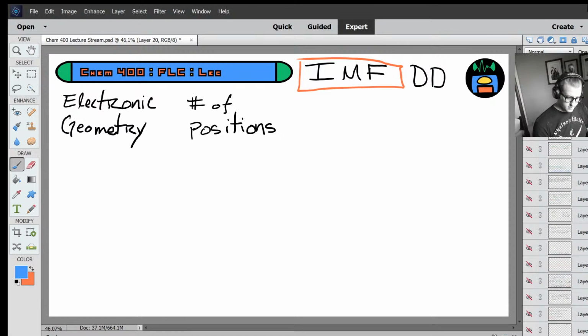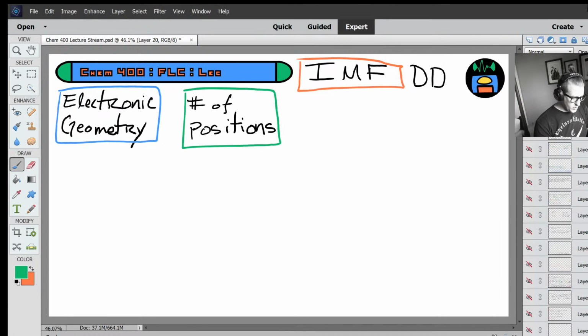All right. If your electronic geometry is linear, that means that you have two positions. All right? So what are we talking about here?